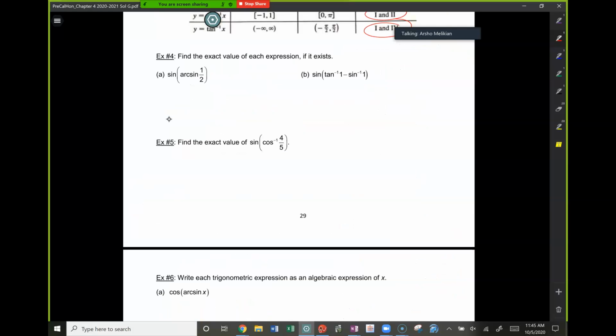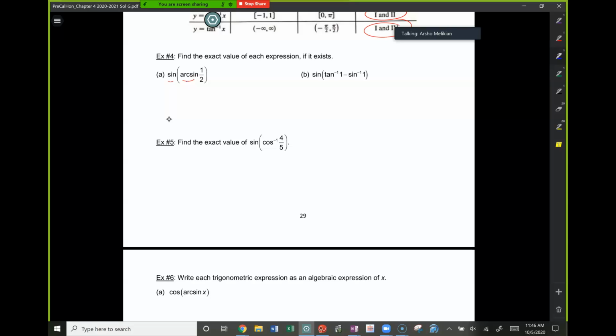Okay, so let's apply some of this. Look at example 4. You want to find the exact value of these. Look at this first problem. It says sine of arc sine of something. What's happening here is the sine and the arc sine are inverses of each other. In a sense, they make each other cancel out.